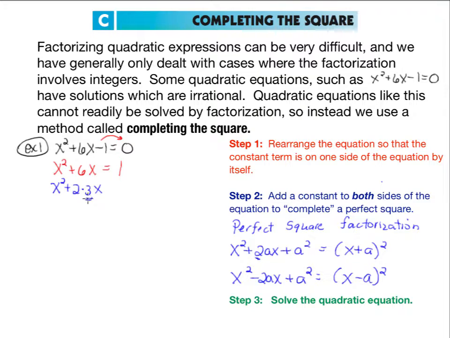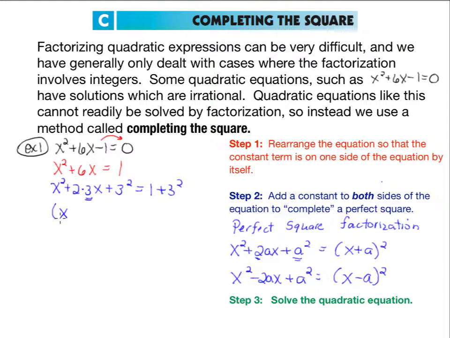So I need to take 3 and square it and add it to my term. So I need to add plus 9, since 3 squared is 9. But whatever I add to one side of the equation, I must add to the other side so I don't change the problem any.